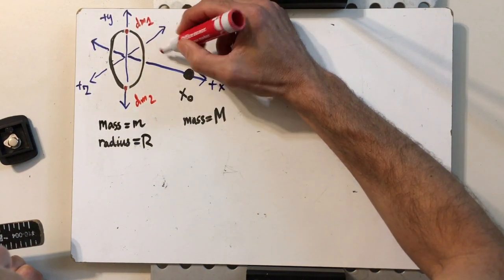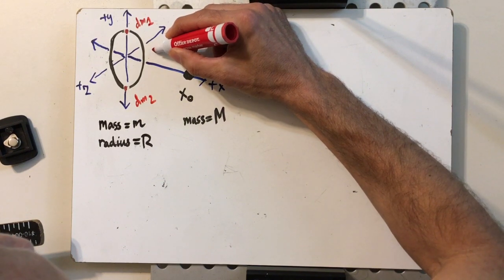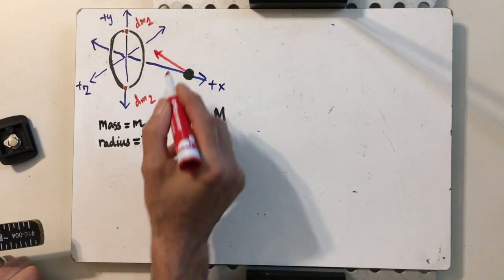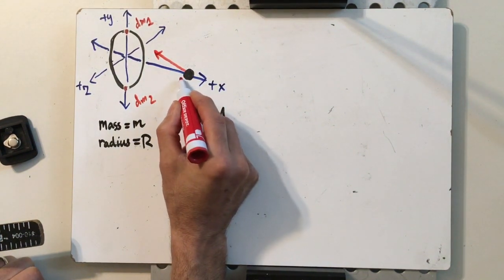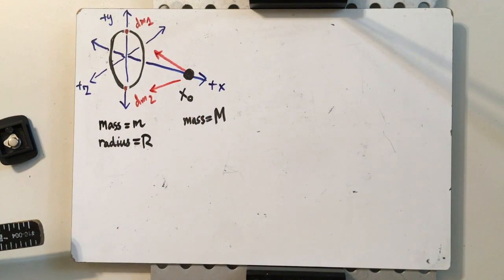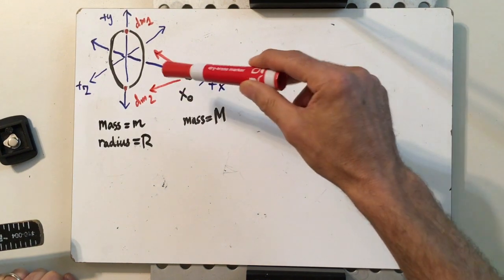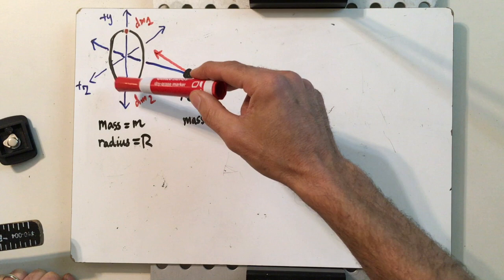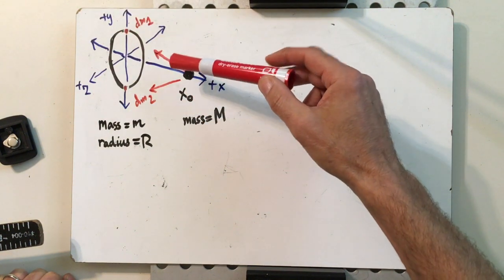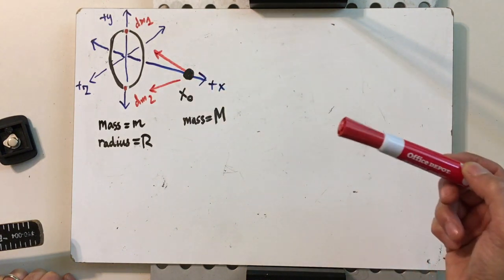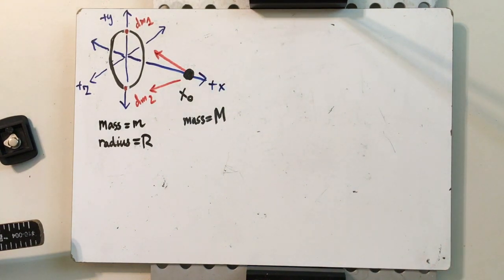There's a force of each of those little bits of mass of the ring acting on the sphere. I'll draw vectors representing those two forces. You have to use your imagination, but there would be a very, very great number of vectors, since these are infinitesimal bits of mass, making a cone around this sphere and pulling on it towards the ring.